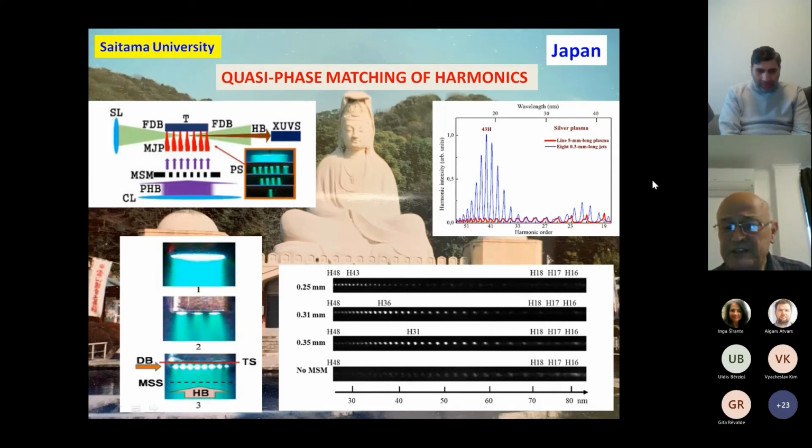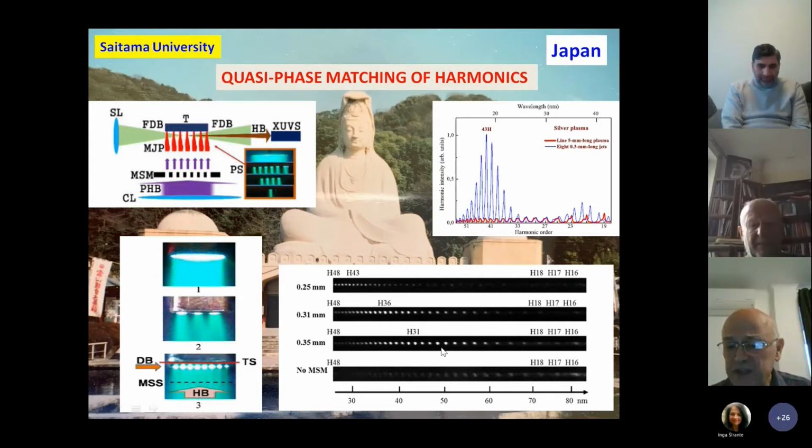Once you change the distance between the slits and the number of jets, you can smoothly change the spectrum from one range to another.